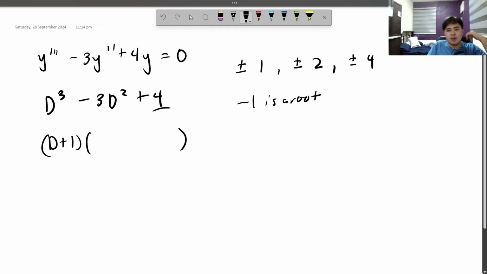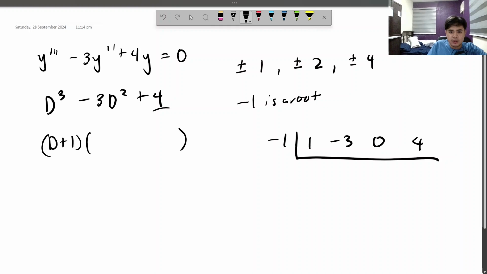We could use the synthetic method. Let's do it. So we got 1, negative 3, 0, and 4. The rules are you drop the first one, you multiply it, and then you put it here. So it's negative 1. The 3 minus 1 is negative 4. Put that here, go there.